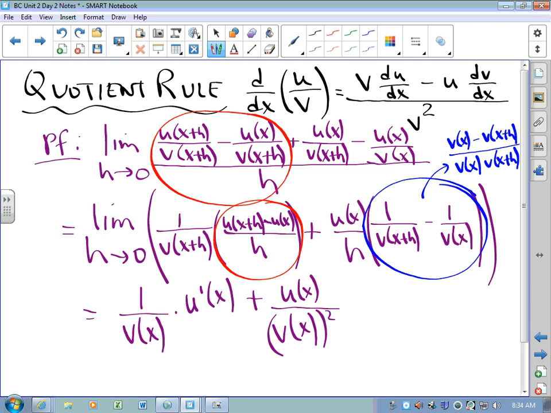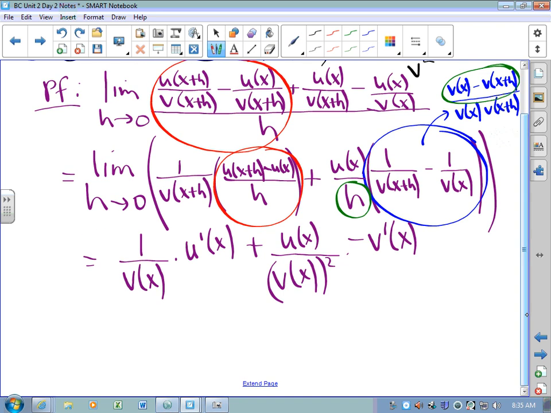And then what's left is the h and a v of x plus h minus v of x, but it's reversed. And since it's reversed, the limit of the green quotient is the negative of v prime of x.